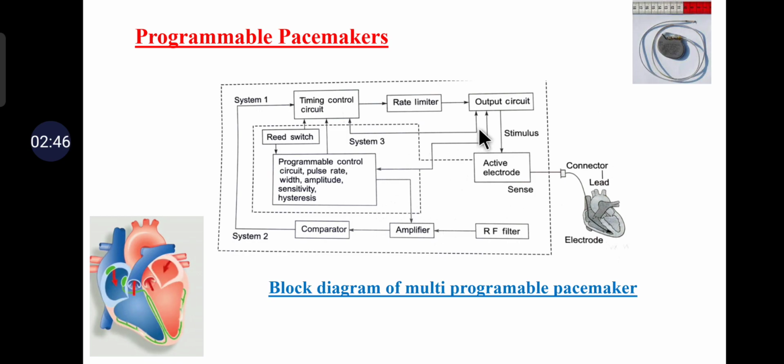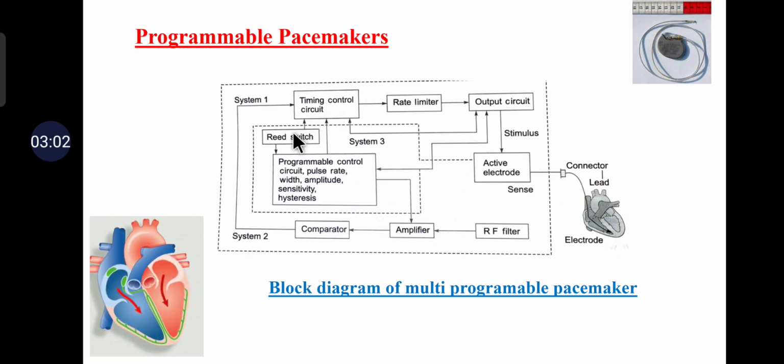whereas system 3 is operating as directed by the programmable control circuit. This system generates the output pulses at the programmed rate, width and amplitude unless overridden by system 2.